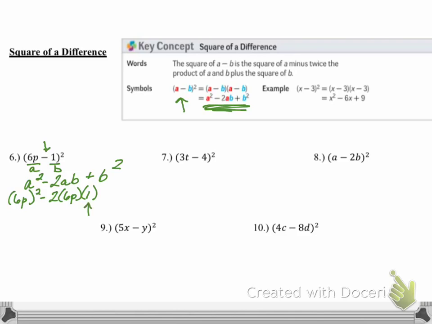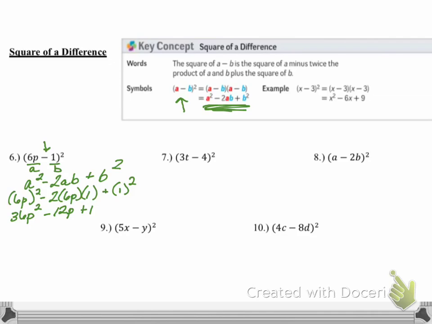Now, FYI, I'm not using a negative 1 for b because the formula already takes that into consideration by putting in the minus, so you don't want to count that negative twice. I just wanted to clarify that. And then I'll do plus b squared. So 6p squared is 36p squared minus 12p and then plus 1.